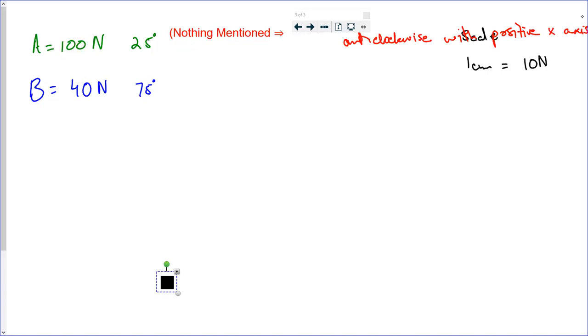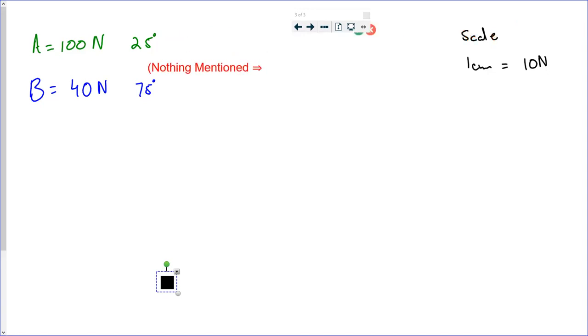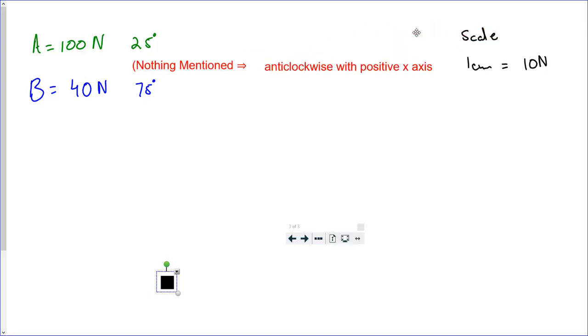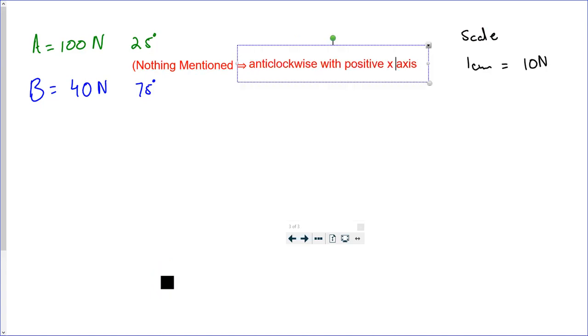Remember, it is always like that. If someone just says the angle and nothing is mentioned, we always use anti-clockwise with positive x-axis. So when I was writing this, I have not mentioned whether it's with the vertical or with the horizontal, or with the positive axis or the negative axis, or clockwise or anti-clockwise. So it's obvious. That's a rule that we follow.